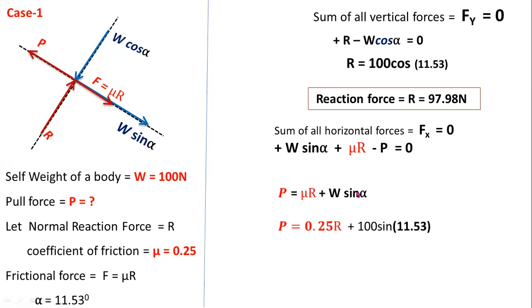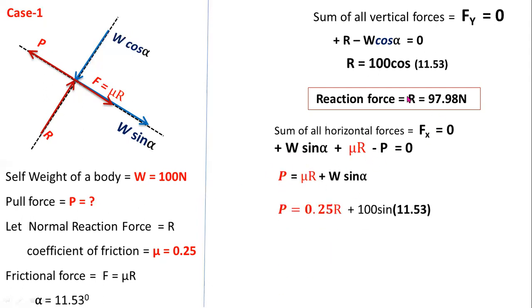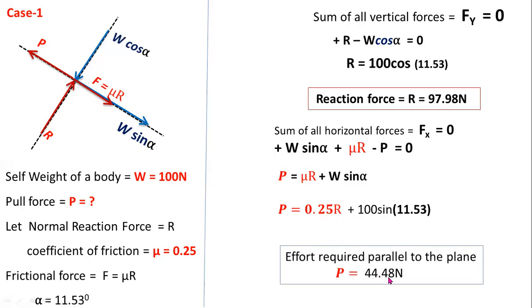Now substitute the value of reaction force R in this equation. P equal to 44.48 newtons. This is the effort required parallel to the inclined plane. So in the first case, the effort required parallel to the plane is 44.48 newtons.